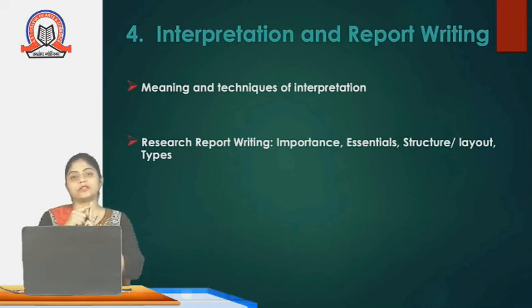That social research we need to present to the sponsoring agencies, those who have sponsored this research. So according to the top authorities, the universities, and the sponsoring agencies, we need to make the research report. So this is the 4th module, interpretation and report writing.